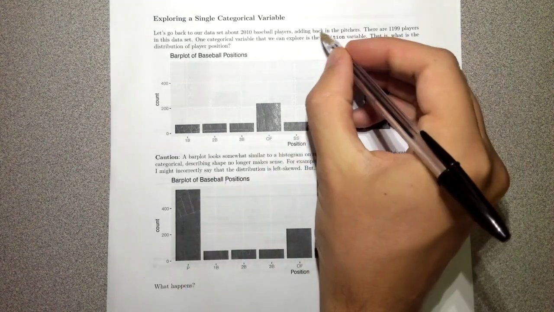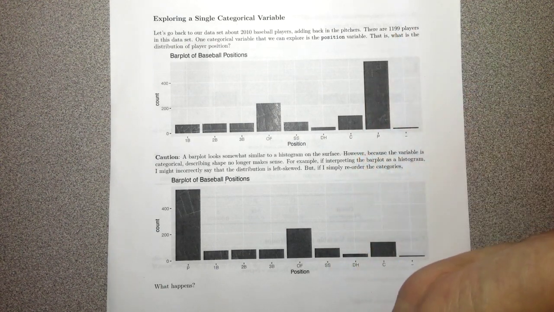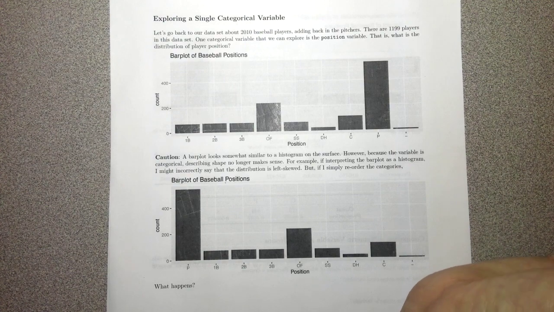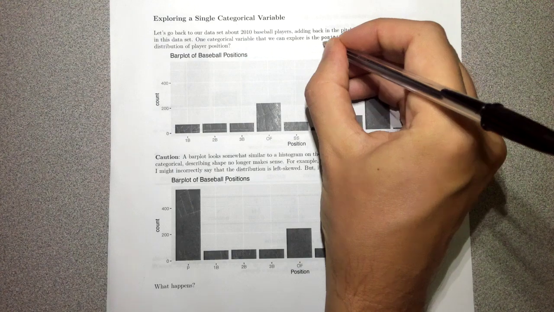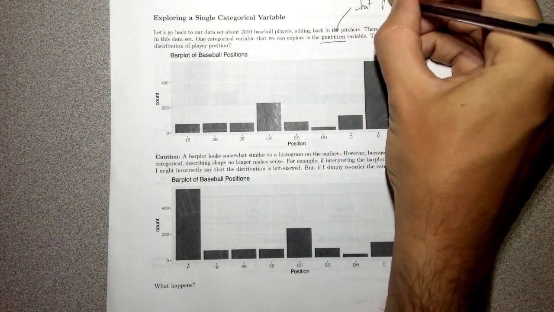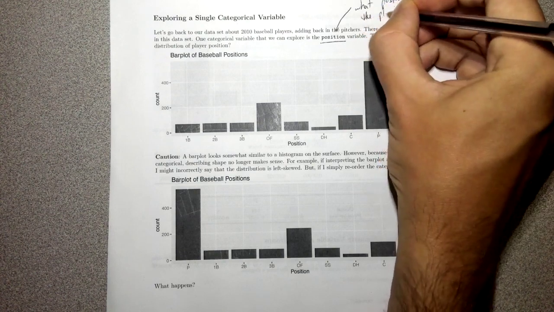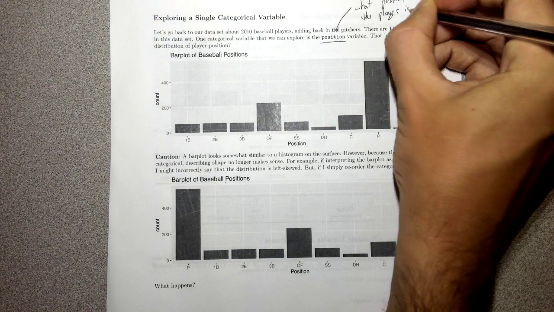After we add in pitchers, there are 1,199 players in the data set. One categorical variable that we can explore is this position variable. This is what position the player is in.